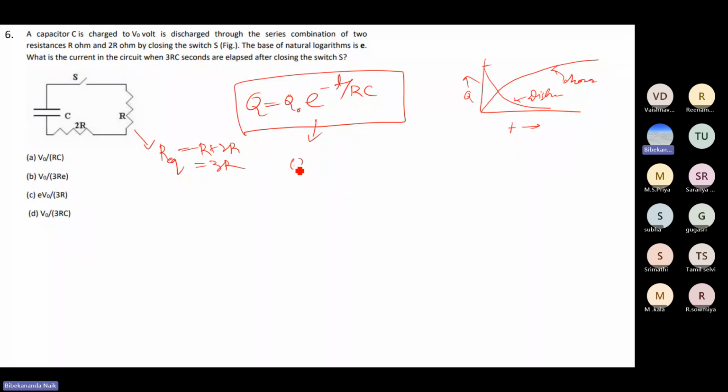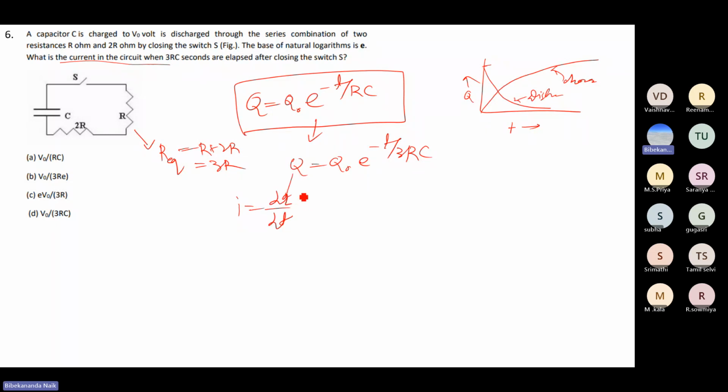So this relation now changes for the given circuit. Q is equal to Q0 e to the power minus t by 3RC. Now the question says what is the current in the circuit? So we know current I is equal to dQ by dt.